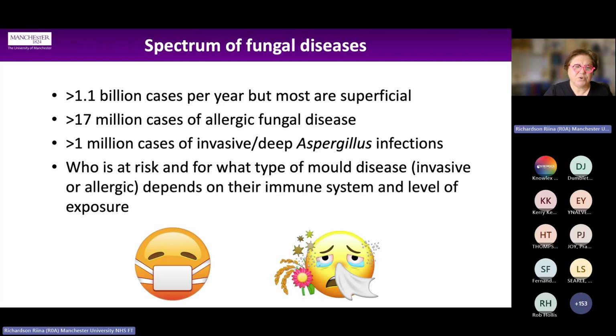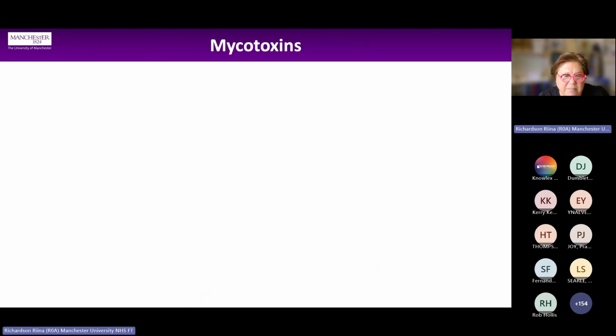So really, who is at risk for what type of mold disease, invasive or allergic, the two ends of the spectrum, depends on their immune system and level of exposure. I'll expand that in a minute.